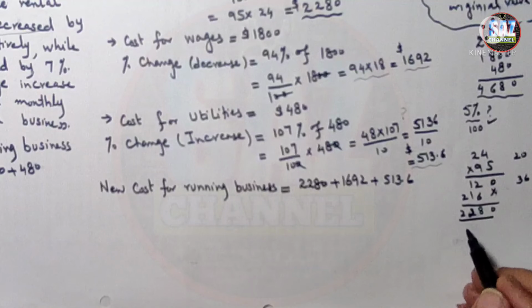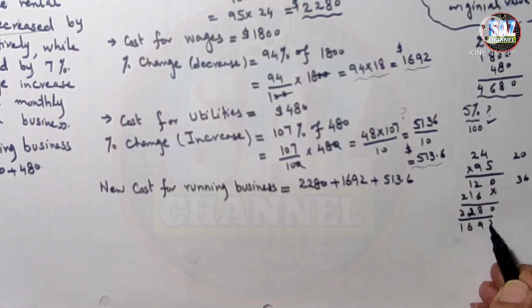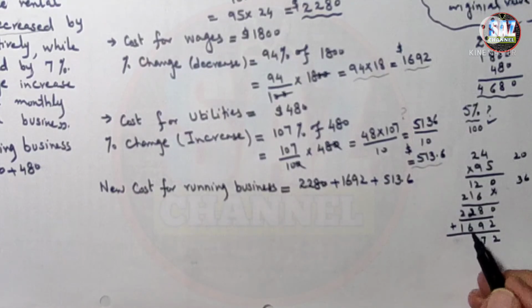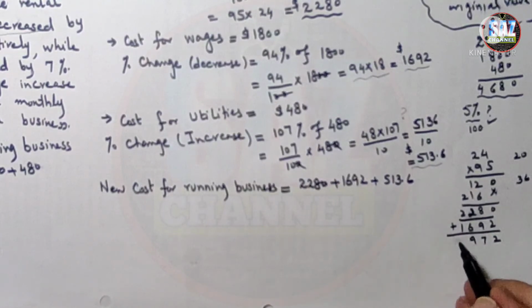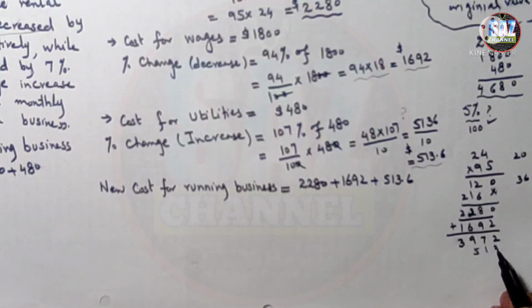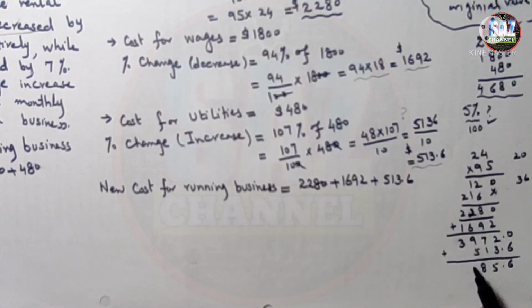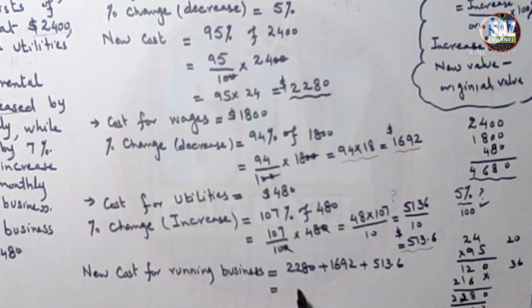So 2280 and 1692: 8 and 8 is 16, plus 1 is 17, 6 and 2 is 8 and 1 is 9, and 3. And now look carefully, 513.6, let me add them up. 6, 3 plus 2 is 5, 7 plus 1 is 8, 9 and 1 is 10 and 14, giving 4485.60.